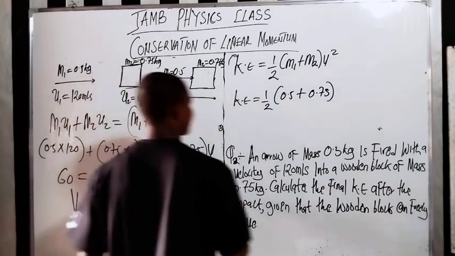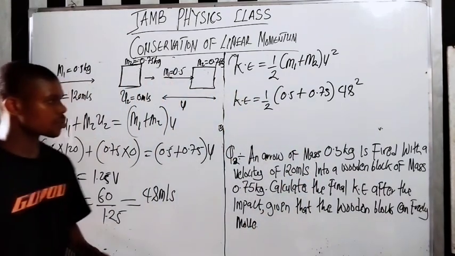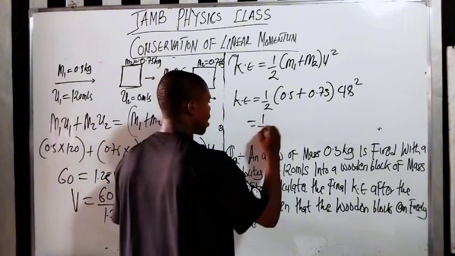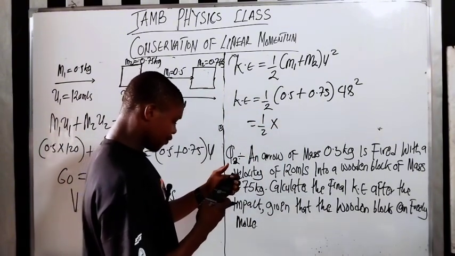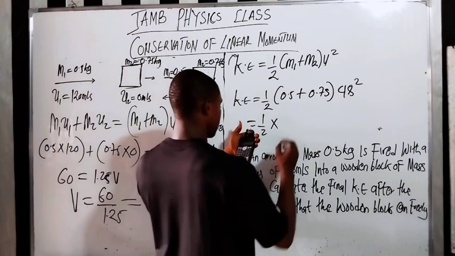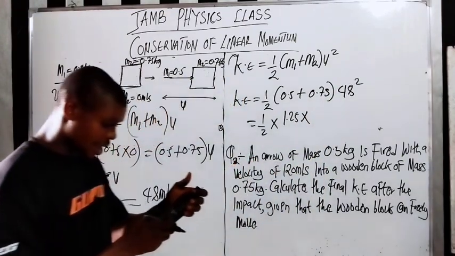My v is 48, so 48 squared. Can you see that? So we have half times 0.5 plus 0.75, which is 1.25, times 48 squared.